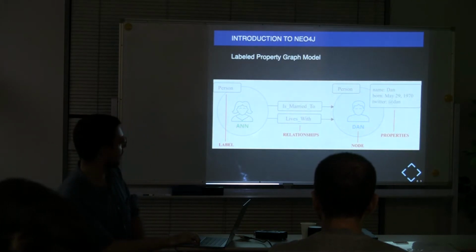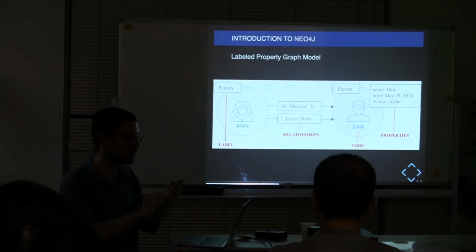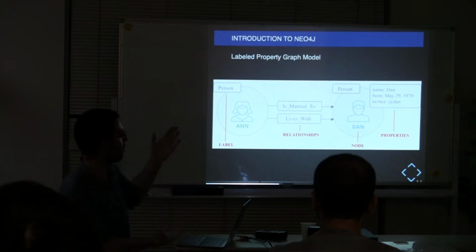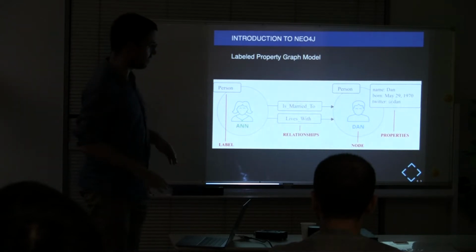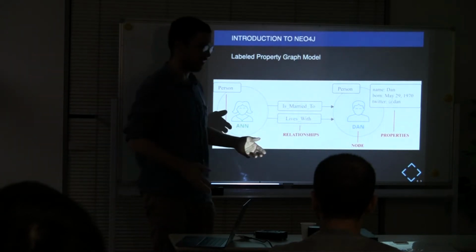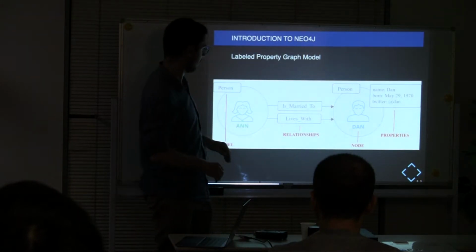So there are multiple graph databases. You have basically 3 types. First is the RDF triple store. You have hypergraphs, and you have property graphs. Neo4j is a property graph. Here you can see the main entities. I guess you know graphs, so you have nodes and relationships.